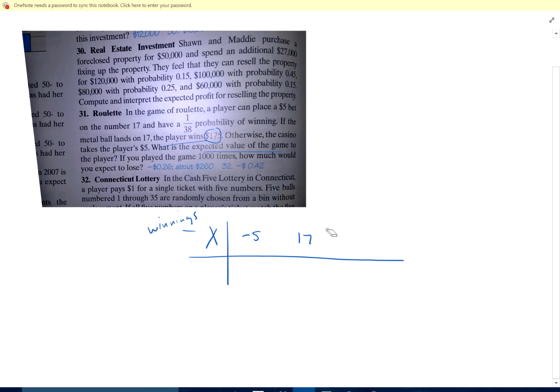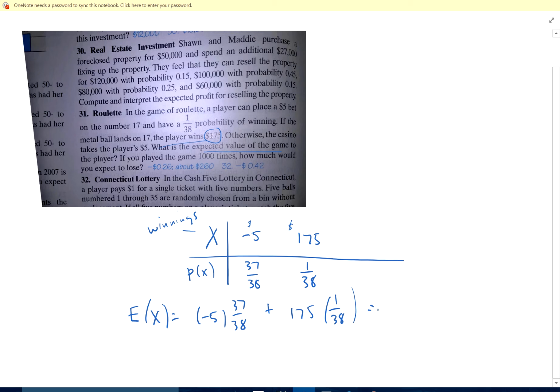So you win $175 because they don't take your money to play. You just win the $175 on top of your $5. Okay, the chances that you win is 1 in 38. The chances you lose are 37 out of 38. This is, of course, probability of X. Okay, remember, these are dollars. So the expected winnings is -5 times 37 over 38 plus 175 times 1 over 38.